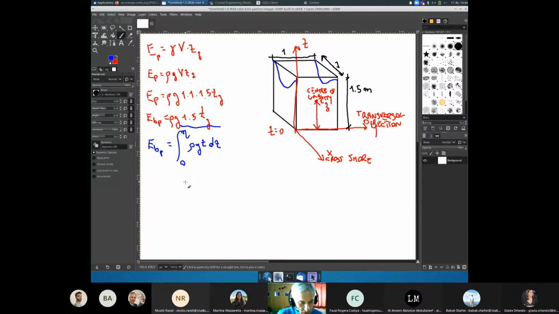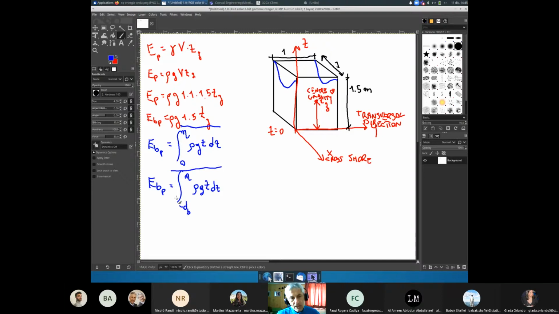Now, if I want to compute from the sea bottom, what I should say is here E_B^P is equal to the integral from minus dB to eta of, again, rho g z dz, again, average.